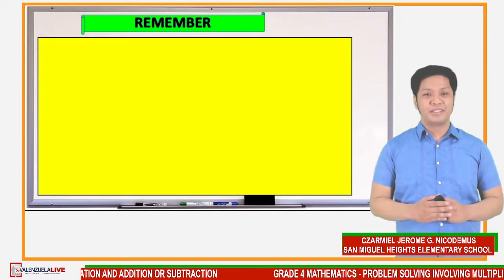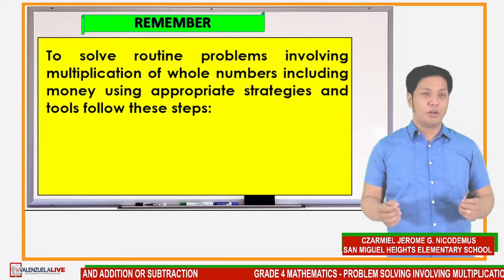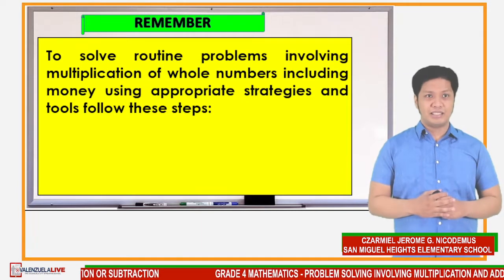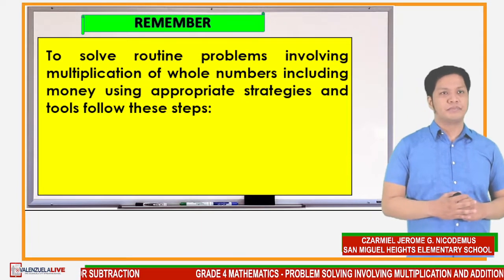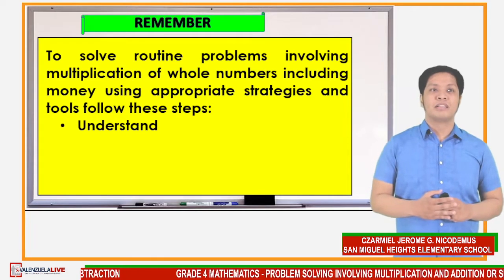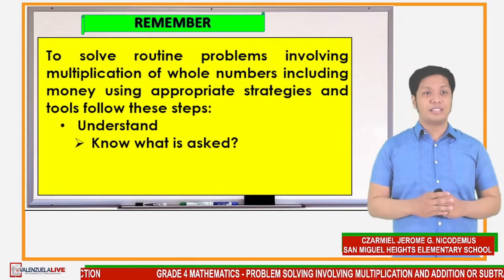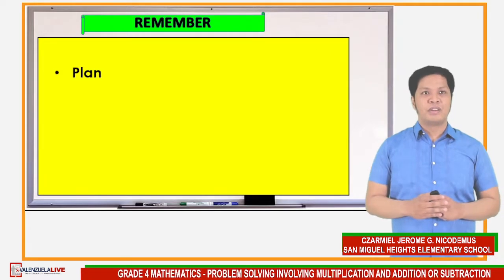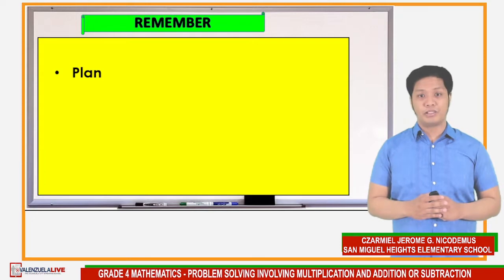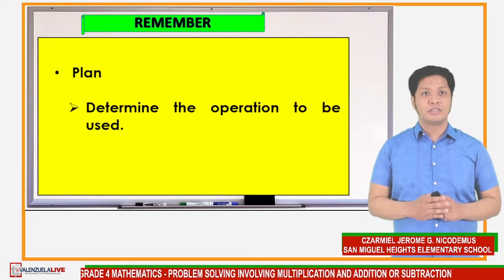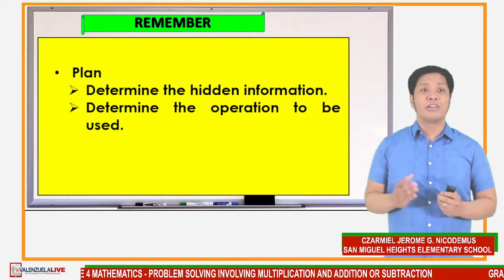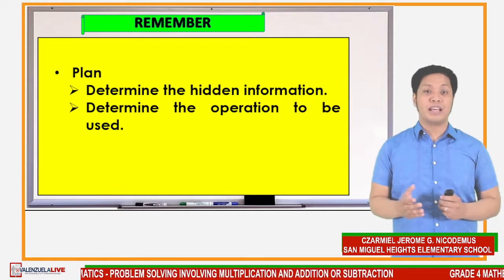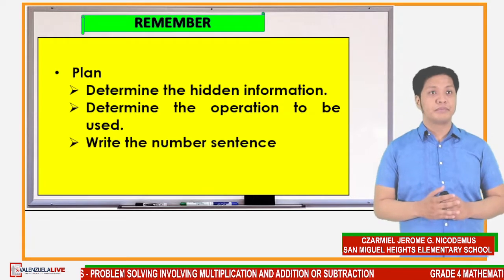So remember, to solve routine problems involving multiplication of whole numbers including money using appropriate strategies and tools, follow the steps. Number 1, understand. You need to know what is asked, and you need to know the given facts. For plan, you need to determine the operation to be used, or you need also to find the hidden information if that is a multi-step word problem.